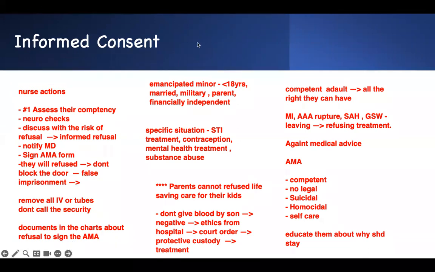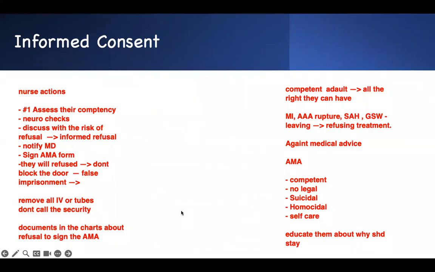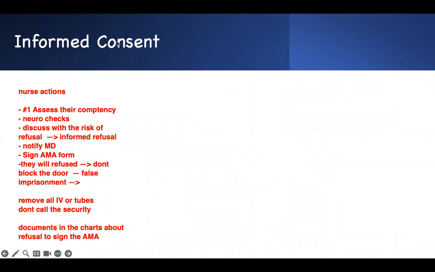There are some situations where we have to keep these patients. That's what we call involuntary admission. I briefly said it, but I just want to put it under involuntary admission so that you will not get confused.